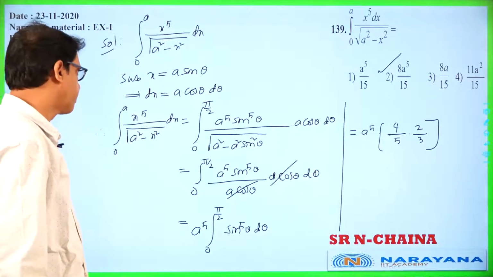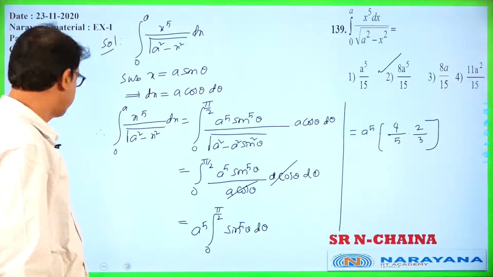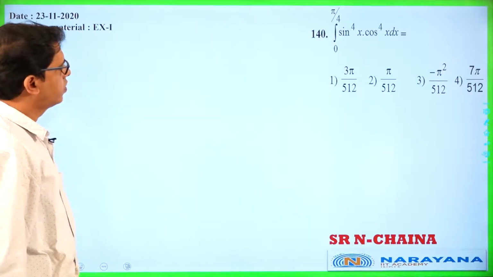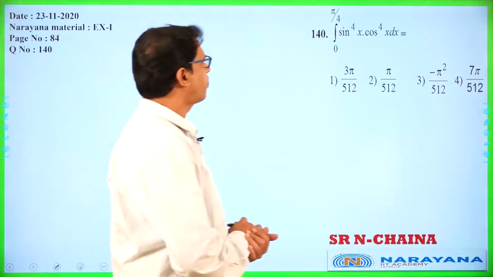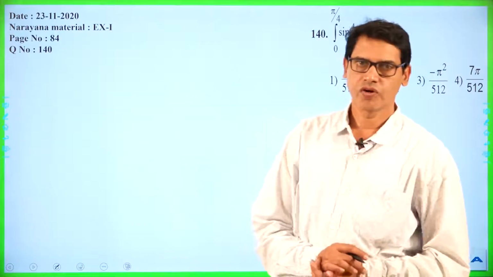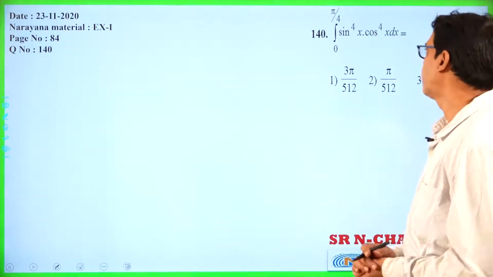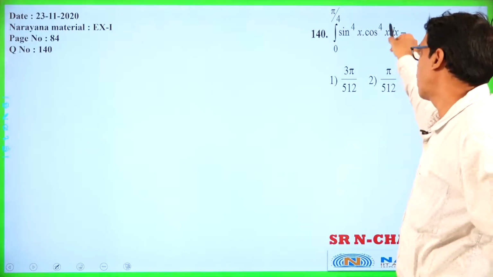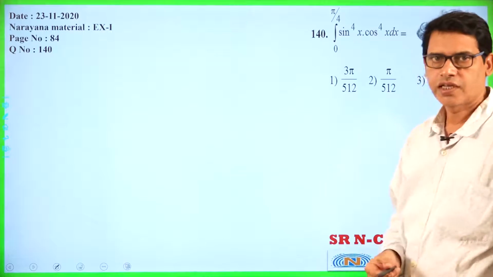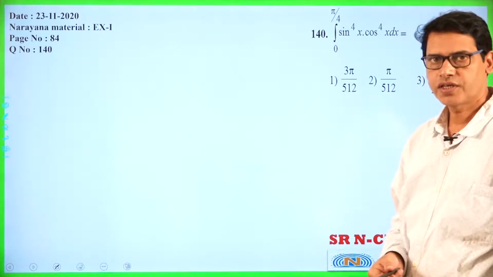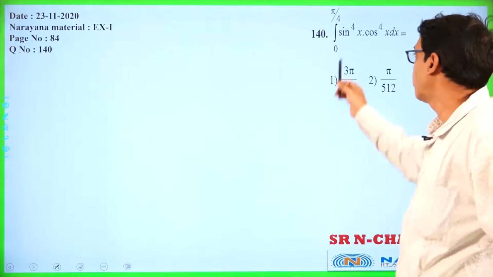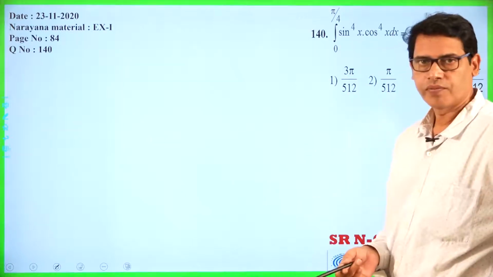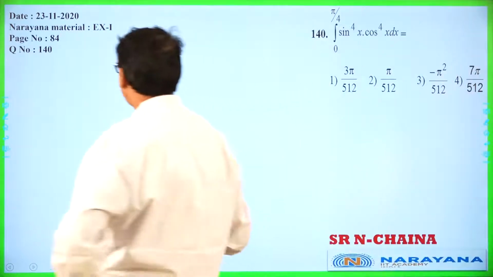Next one. Here to apply the reduction formula, 0 to pi by 2 is required, and that's why I am converting this function. Sin and cos are there, so 2 is missing. So multiply and divide by 2 to the power 4, so that I can convert into one function.